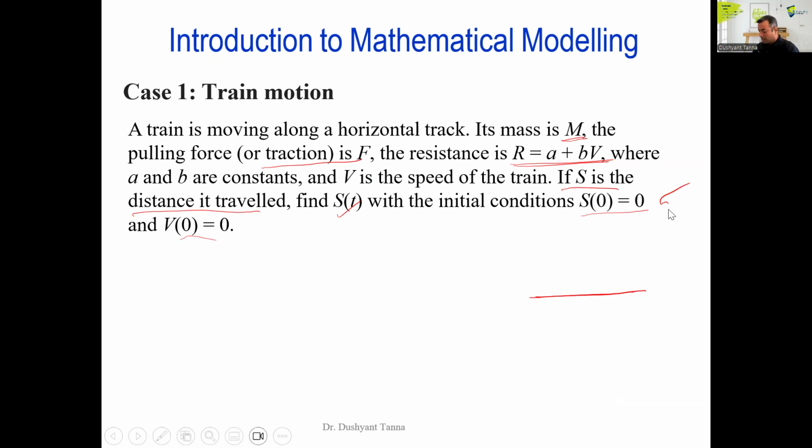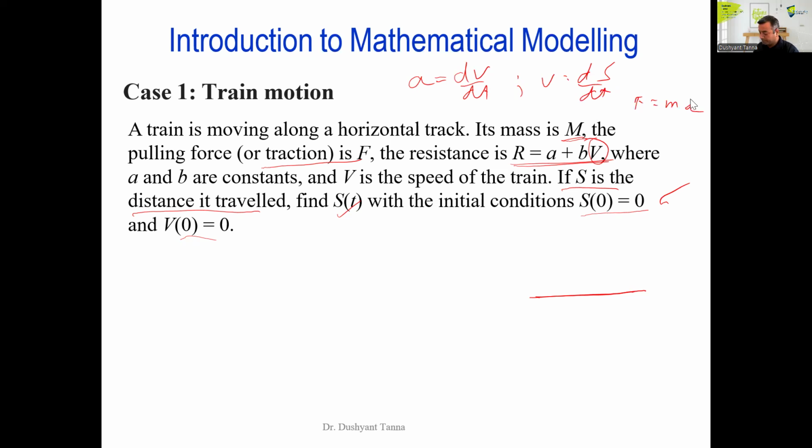Okay, so we need to form a differential equation from here. We are given V. The basic relations: the acceleration a is dv by dt, and we know V is equal to ds by dt, and we have F is equal to ma.